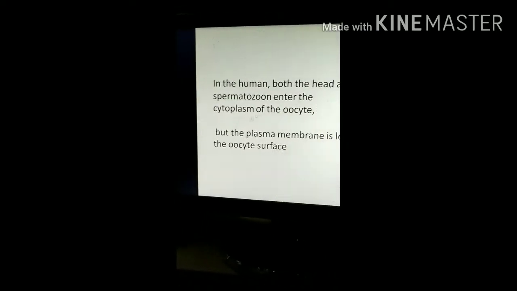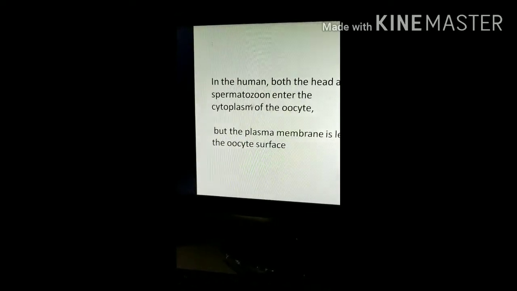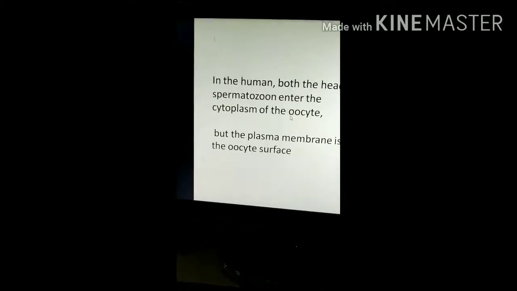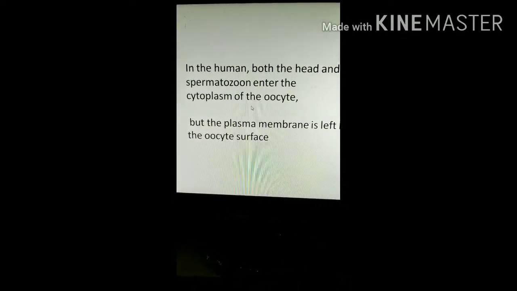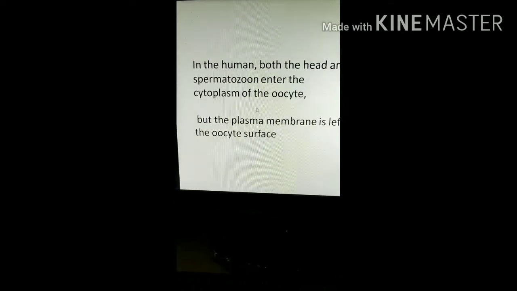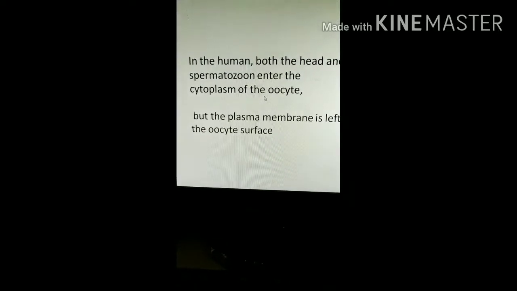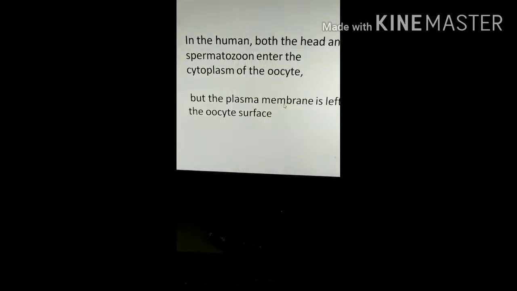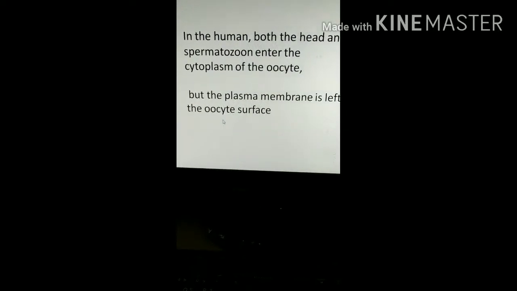In humans, both the head and the tail of the spermatozoon enter the cytoplasm of the oocyte. This is a viva question: in humans, which part of the sperm enters the cytoplasm of the oocyte? Head and tail. The sperm plasma membrane is left behind on the oocyte surface.